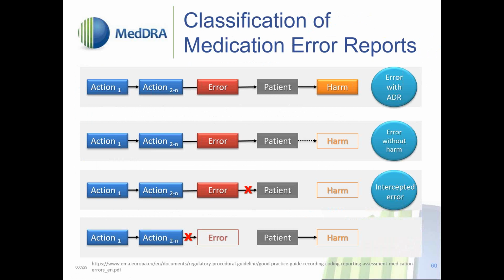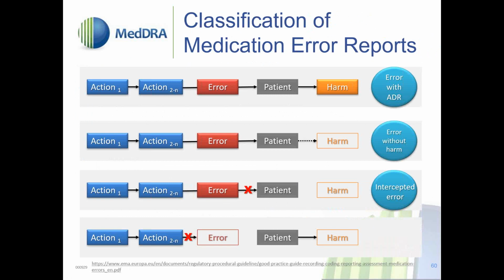The third type of report refers to an intercepted medication error, where an error occurs in the medication use process, but it is prevented from reaching the patient. So this would be an intercepted error.